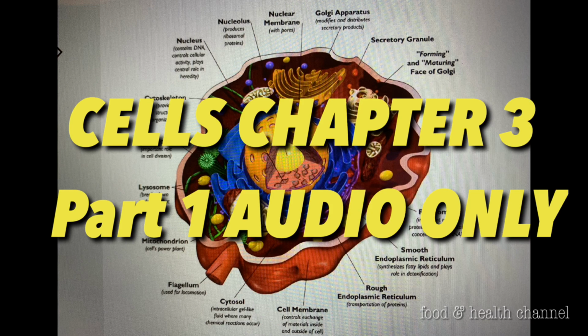The cytosol also contains inclusion bodies, insoluble materials such as glycogen, granules, and also pigments such as melanin.